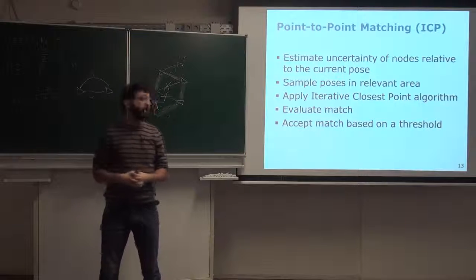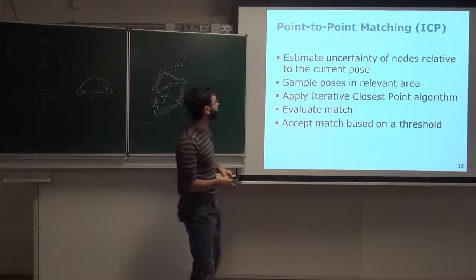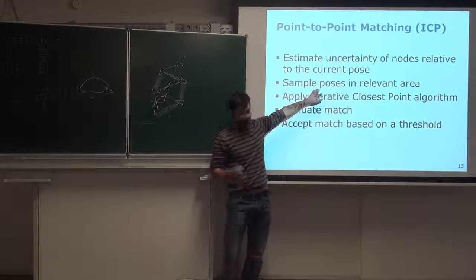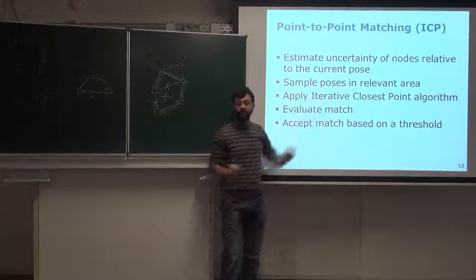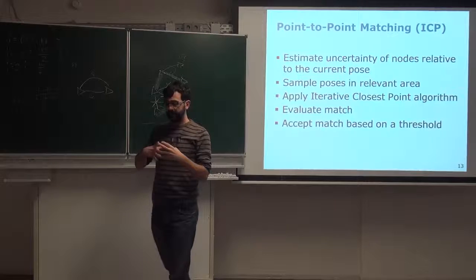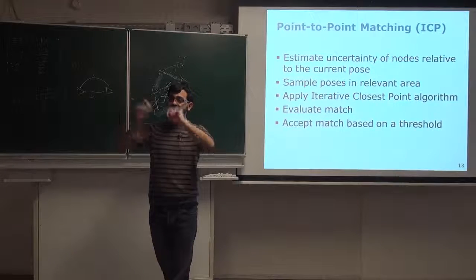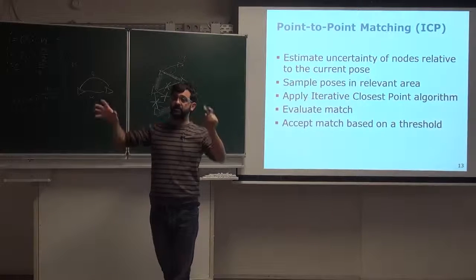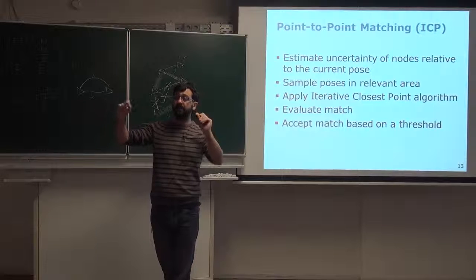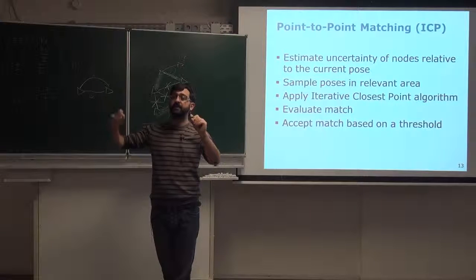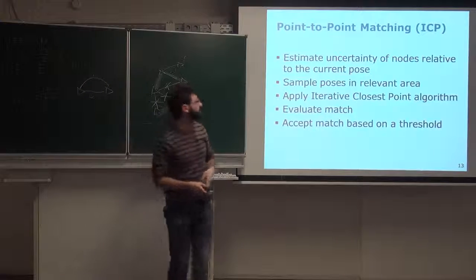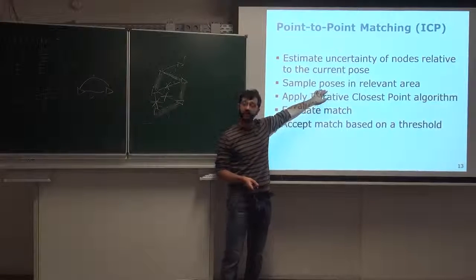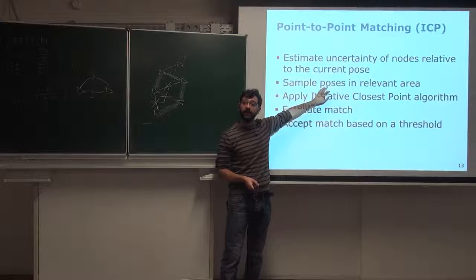If you don't know where you are, you can actually sample. So what you can do is sample around the odometry, potential initial guesses, initialize the ICP from there, and then take the solution that ends up with the lowest cost. This is to avoid potential local minima in the cost function.